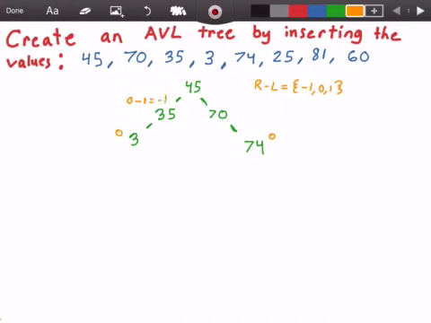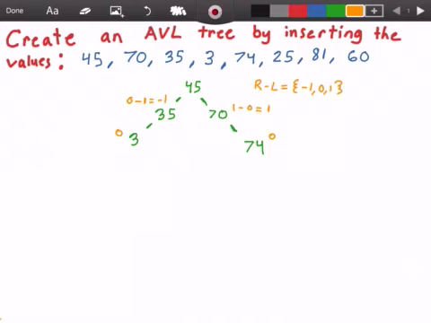So we get a balance factor of -1. 70 has a balance factor of 1 minus 0. So that's its right subtree minus the left subtree. So it gets 1. So it's still balanced.